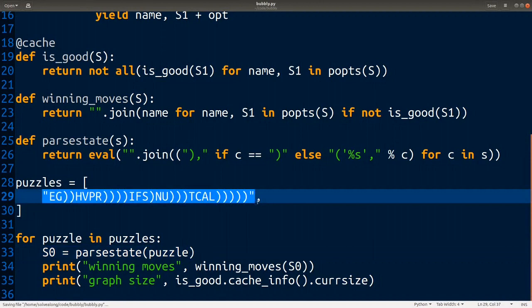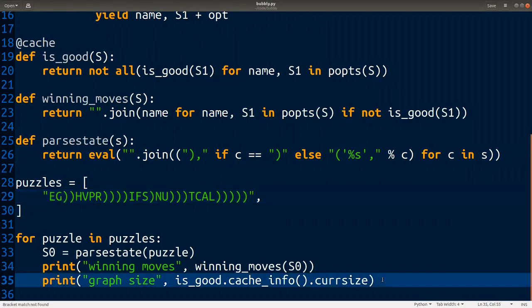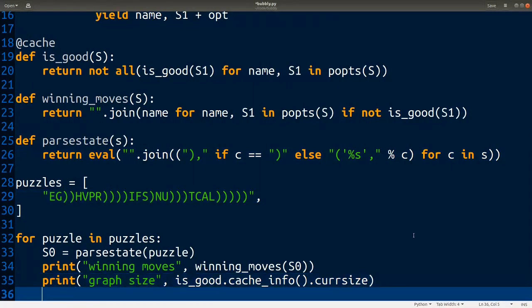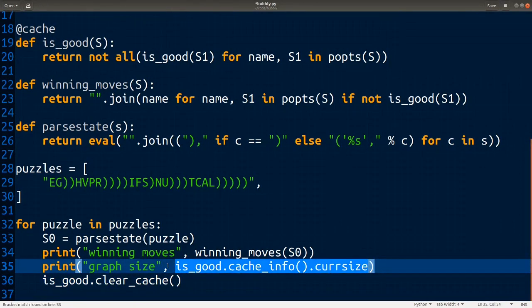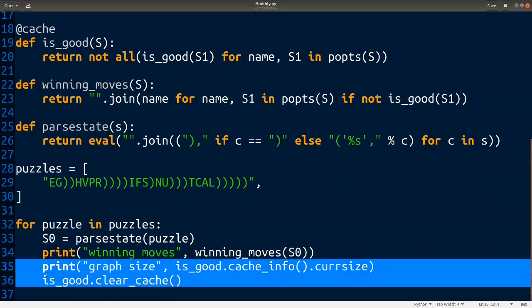So we'll just loop over all of them and output the winning moves for each one. I don't think it matters too much, but I'm also going to clear the cache of this function. I just want to get a good idea of what the graph size is for each individual puzzle. So I'm clearing the cache in between each one. That's obviously not necessary to solve the puzzle. I'm just curious.